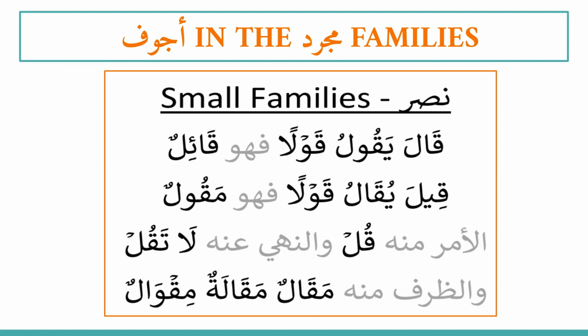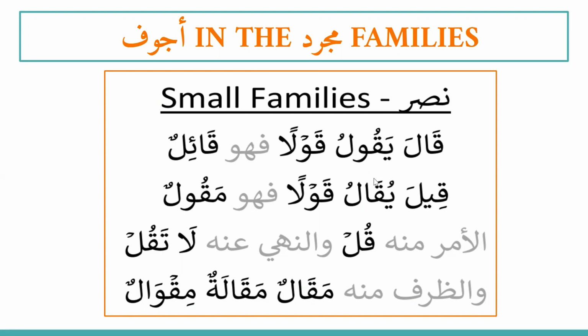We only find 3 or 4 somewhere in the Fi'l Mudari, like in Misal Wawi Mujarrad, the Mudari, Amr, Nahi, and the Ism Ala. But here in Ajwaf, there are so many irregularities with almost every form of word.